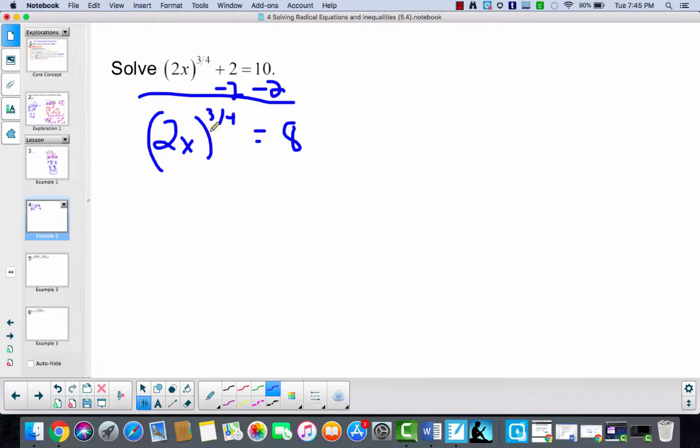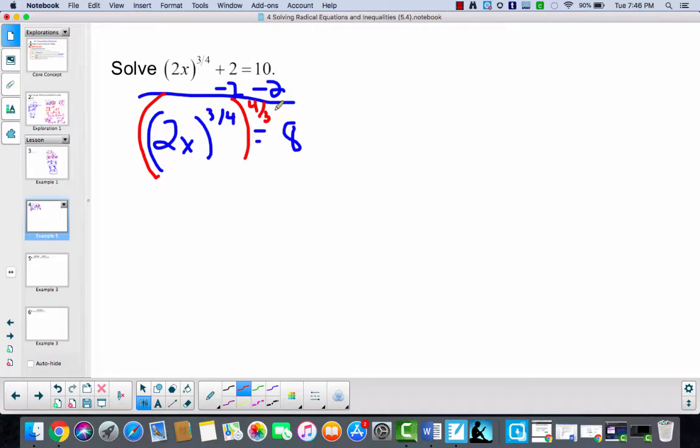Okay? Well, now I need to think about what this is saying. Remember, this is the 4th root, and this is the 3rd power. How would I undo the 4th root? I would take it to the 4th power. How would I undo cubing something? I would take the cube root of it. So in other words, I would take it to the 4th power and then take the cube root of it.